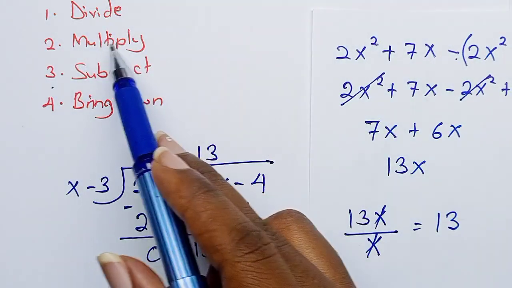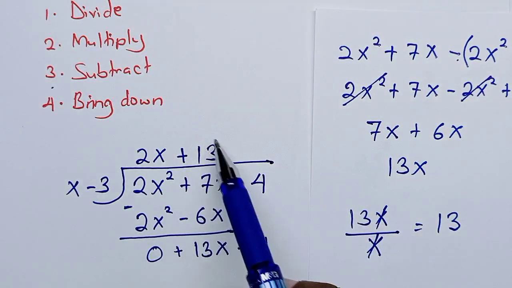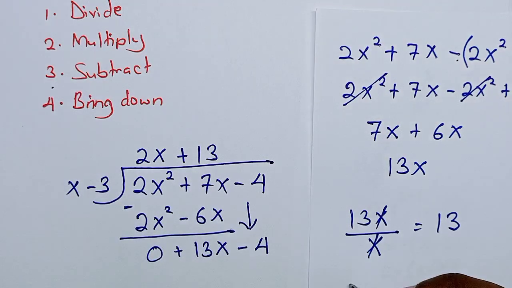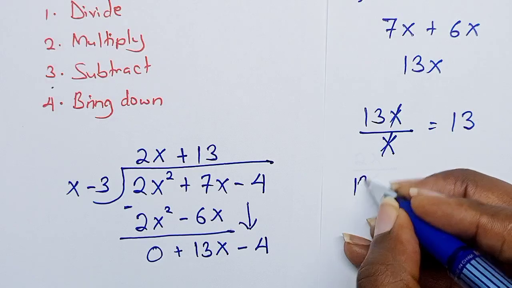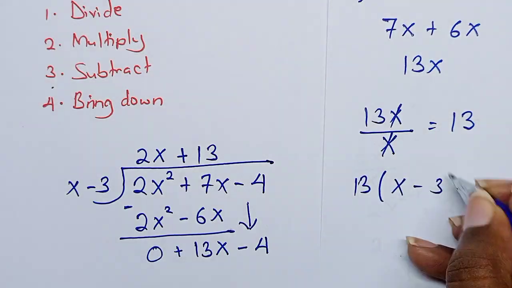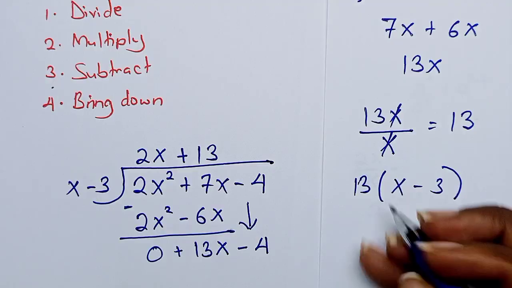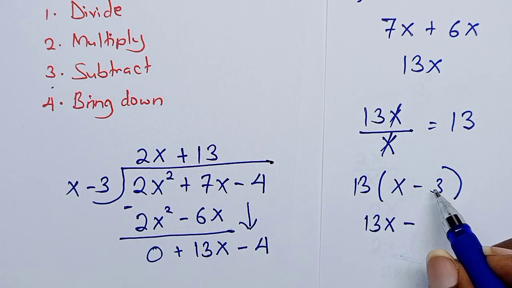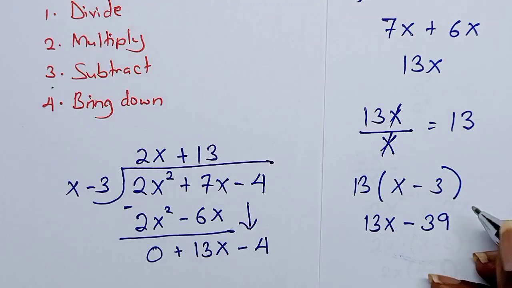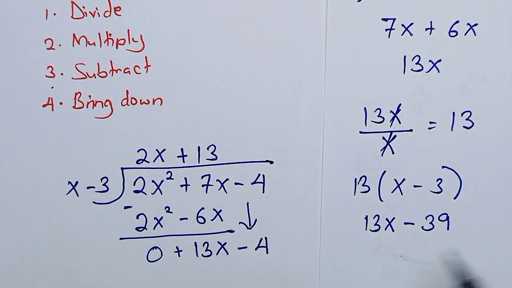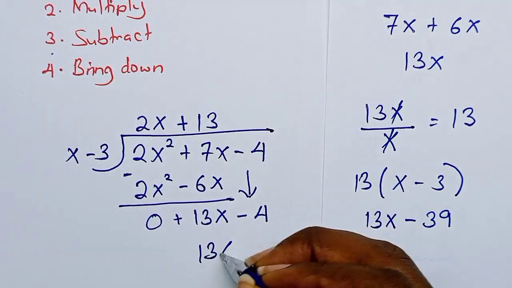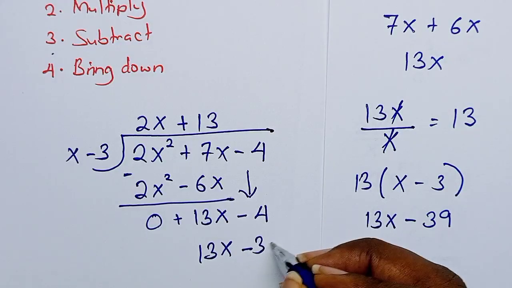Now, after that, we multiply. So you multiply that answer times the whole divisor, okay? So we shall have 13 times x minus 3. So we shall have 13 times x is 13x, then minus 13 times 3, which is 39. So now this is what you put below this figure here. So we shall have 13x minus 39.